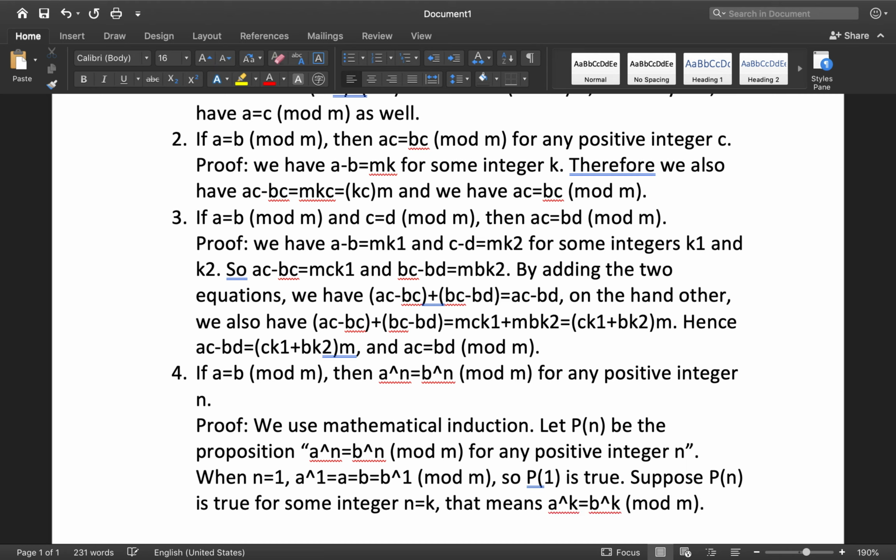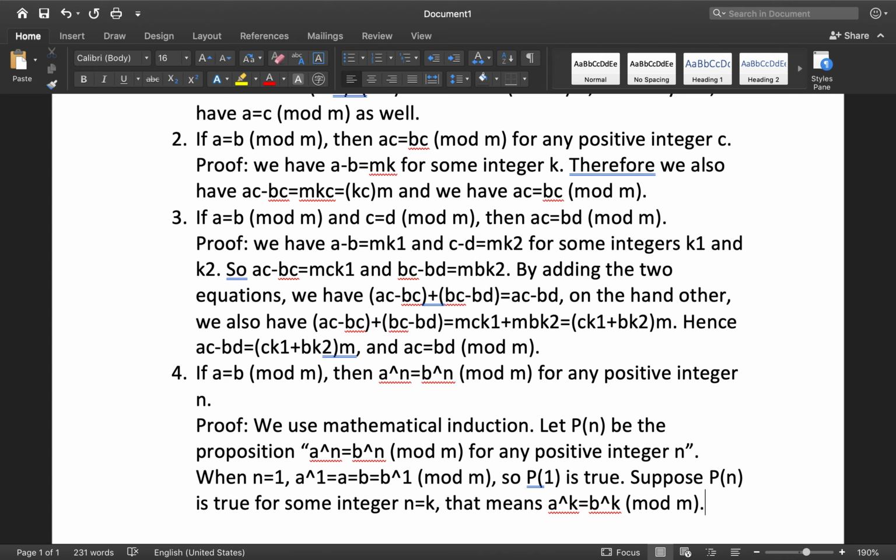Now the next thing you want to show is that the proposition is also true when n equals k plus 1, right? If you can do that, then you're done, because it's exactly mathematical induction.